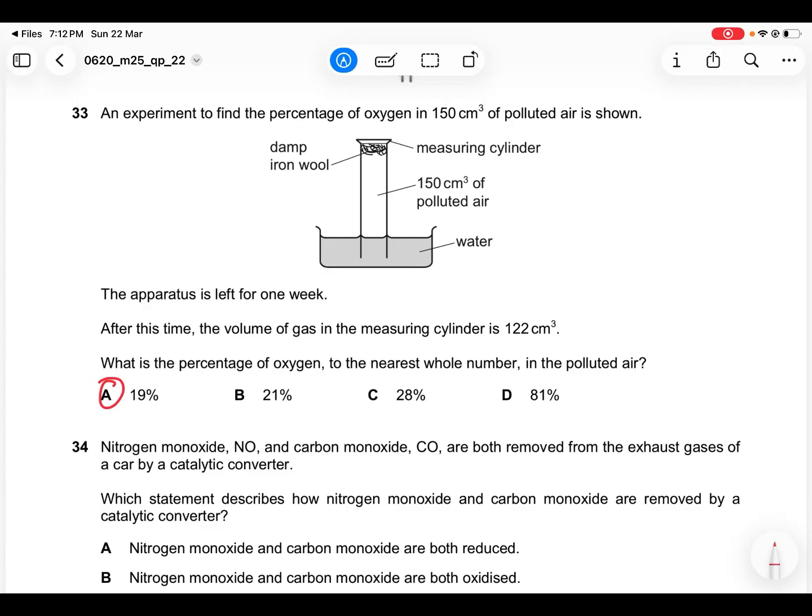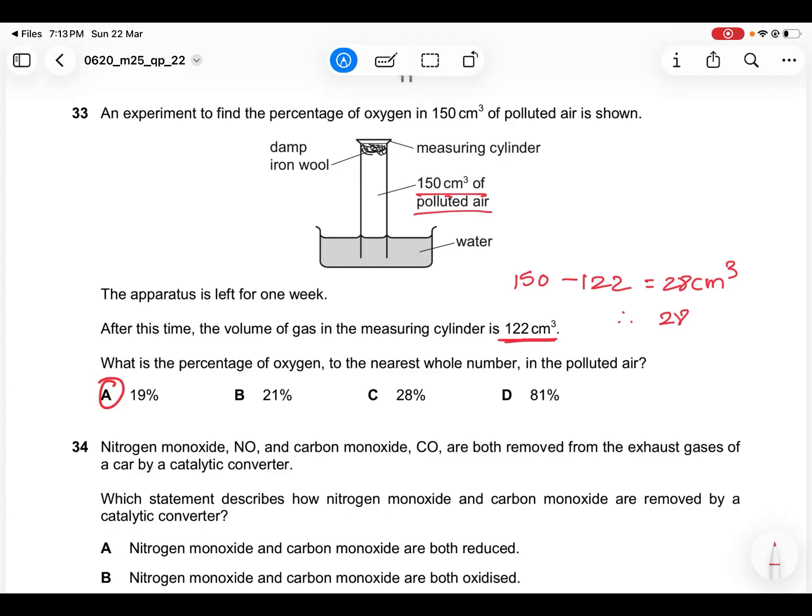So here we had total 150 centimeter cube of air, and after the reaction we have 122 centimeter cube remaining. So 150 minus 122 gives me 28 centimeter cube of air.